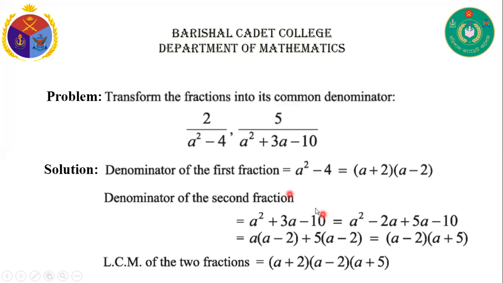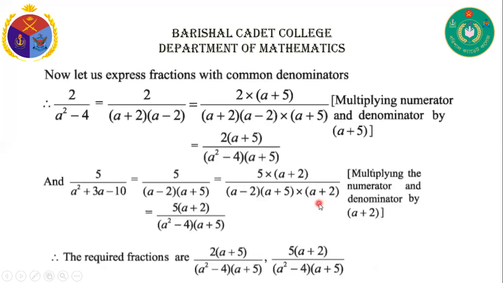So the factor we multiply with the first fraction is a plus 5. Similarly for the second fraction, a plus 2 into a minus 2 into a plus 5 divided by a minus 2 into a plus 5 gives only a plus 2. So for the second fraction we multiply by a plus 2, and for the first fraction we multiply by a plus 5.